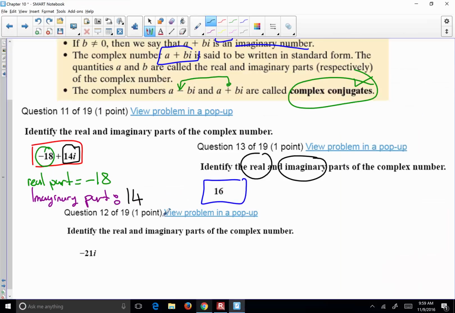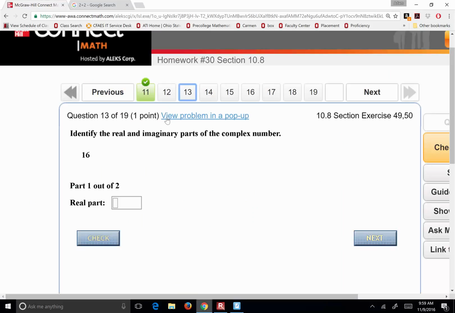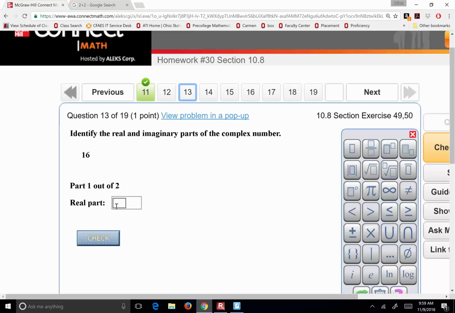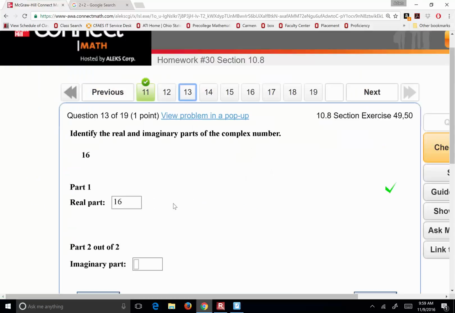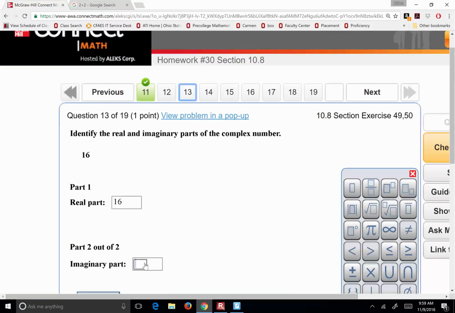Thank you. Yeah, we skipped 12 and 13. So the real part is 16, but although you don't see it, there is still 0i next to it. You have 0 many i's next to it. It's hiding in there, invisible, so you have a 0 in front. That's the imaginary part.